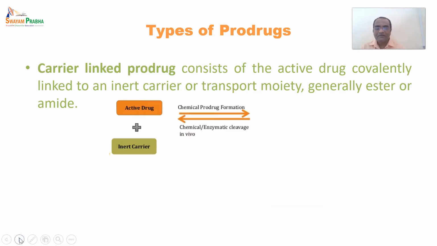After prodrug formation, the covalent linkage can be cleaved by an enzymatic or chemical process in vivo. Now the active form is free to act, and the inert carrier is eliminated.